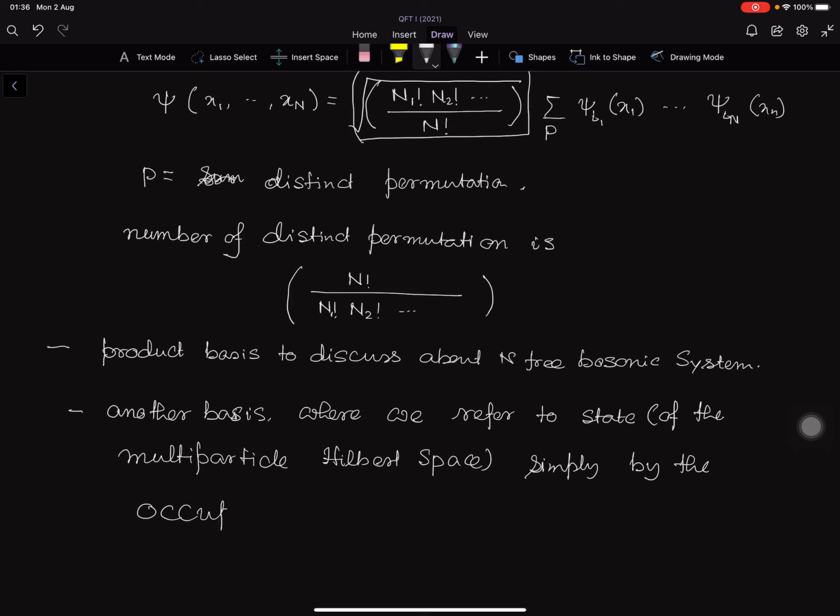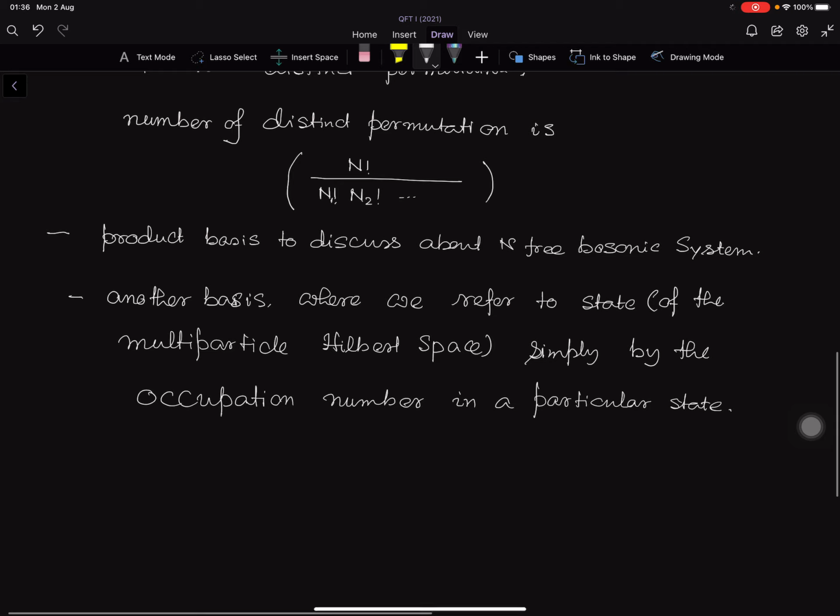simply by the occupation number in a particular state. So for example, the above case, we just denote it in this way: there are n1 in one state and n2 in another state, and so on.